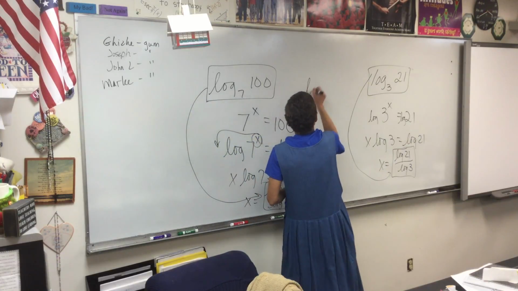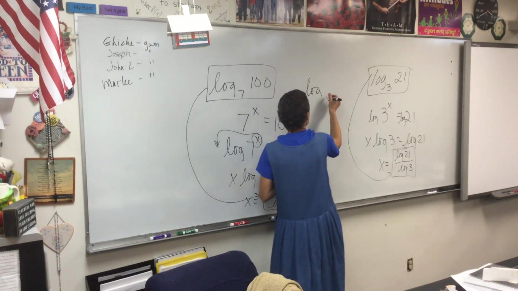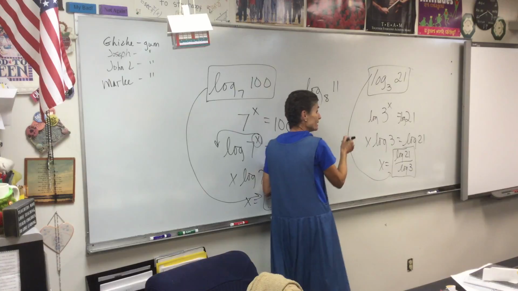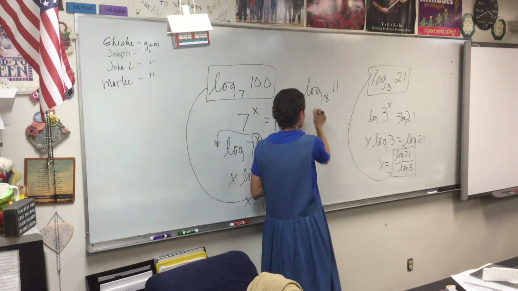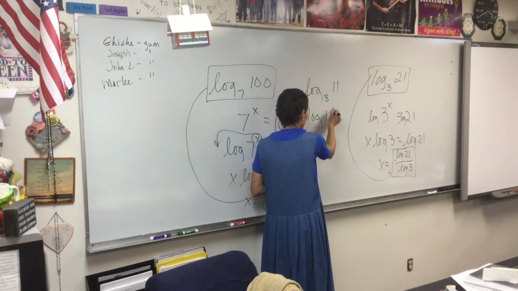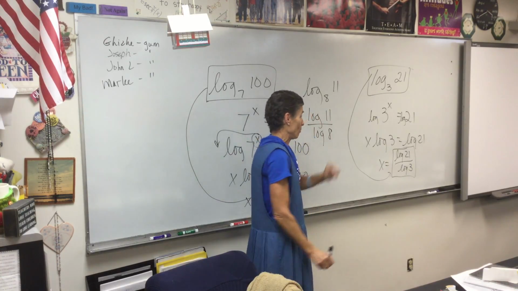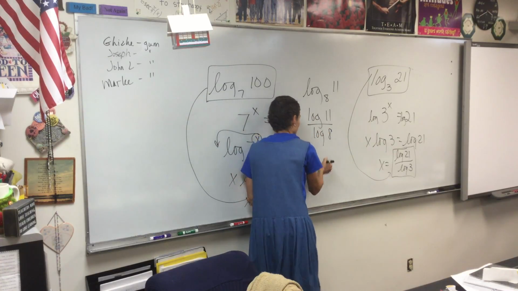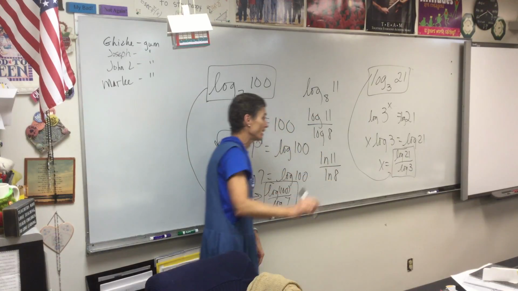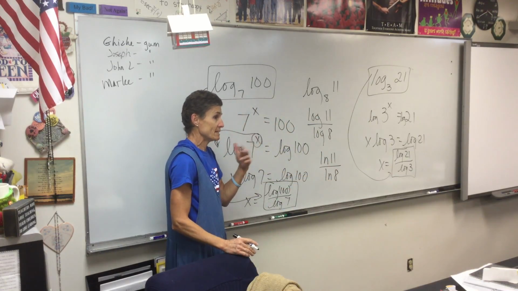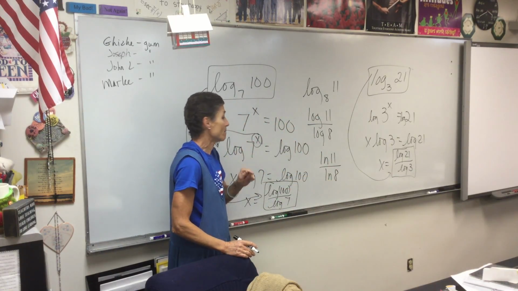So, if you want to memorize that and you have to do the log base 8 of 11, you know the answers are going to eventually come out to be the log of 11 divided by the log of 8. Now, type that in on your calculator, and then type this in on your calculator, because Anna just told me it wouldn't make a difference, and I want you to see it doesn't make a difference.